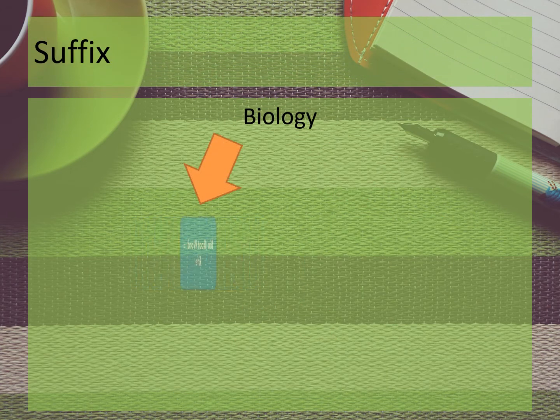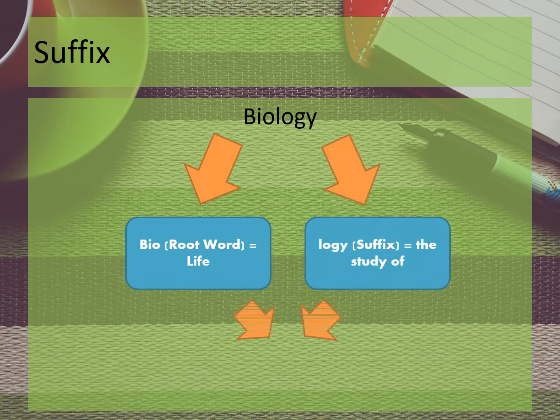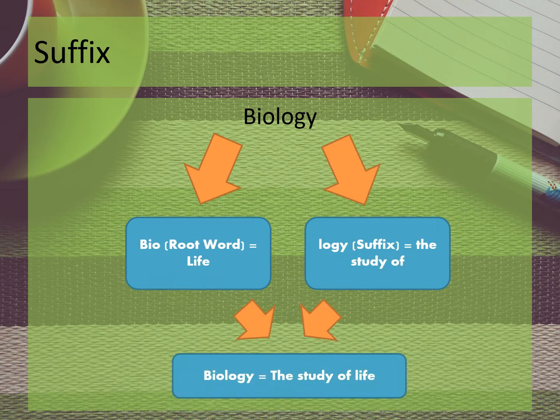Okay? So a prefix is an addition to the root word, which was just now active, and the prefix is an addition to the word active in the beginning. A suffix, on the other hand, is an addition to the root word but at the end of that word. Now the root word is bio and the suffix is logy.